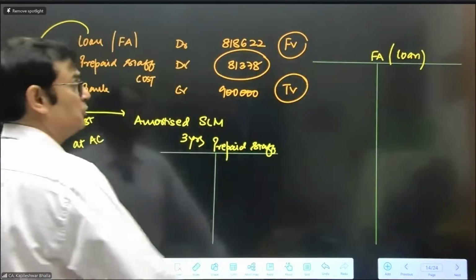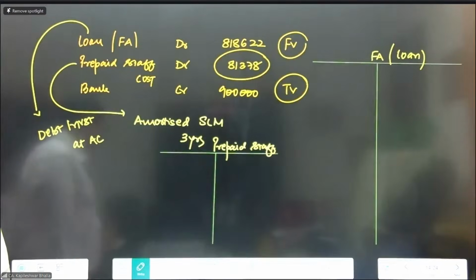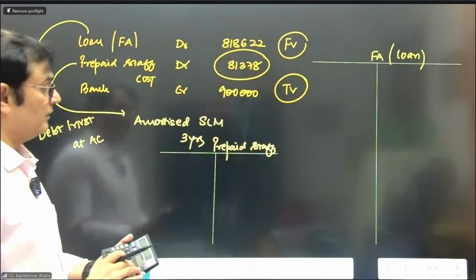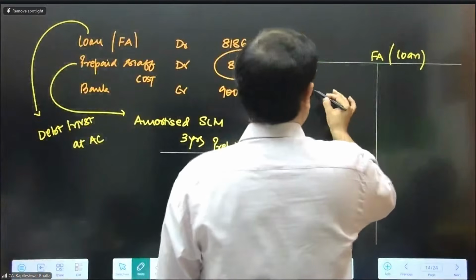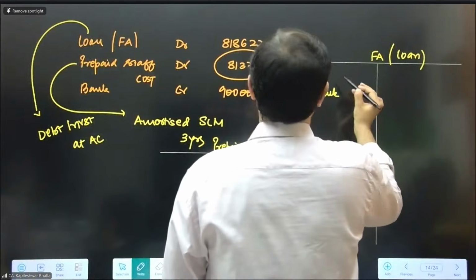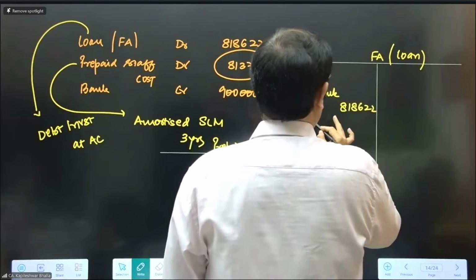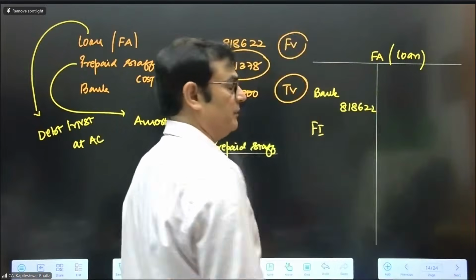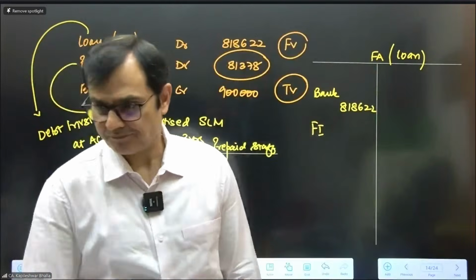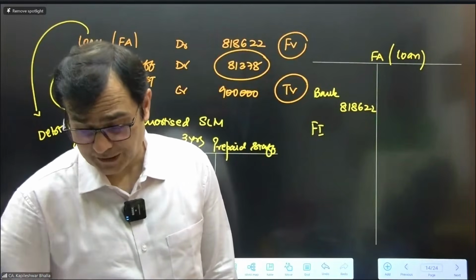At least let's see the position at the end of the first year before we proceed. So the financial asset is recorded. This is bank. This is 818,622. We take the finance income on this.